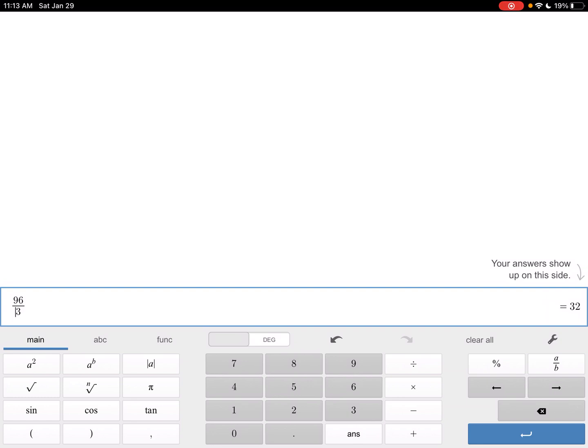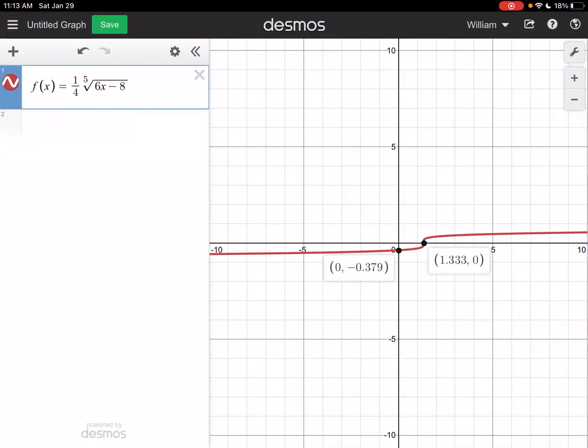What if I divide by 4? 4 and 24 are 20 apart. 5 does not go into 96, so let's try 6. 6 and 16 are 10 apart. You see 8. 8 and 12 are 4 apart. That doesn't work either, so I'm going to have to use the quadratic formula here.